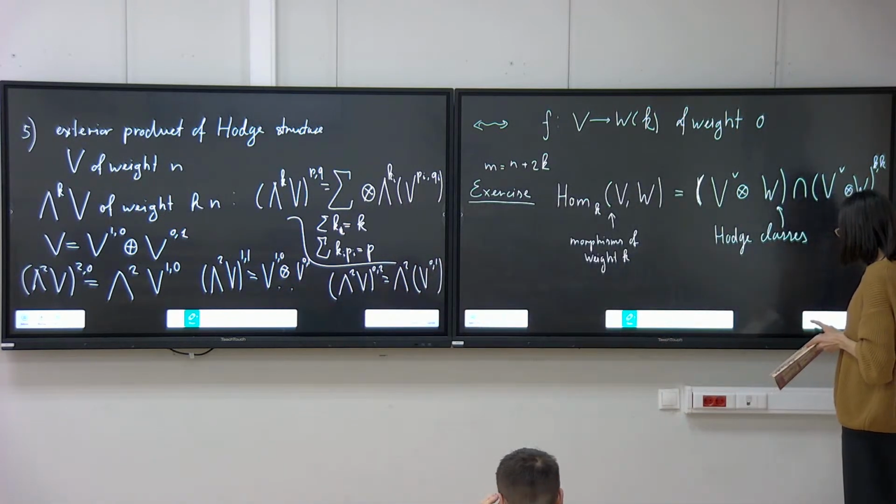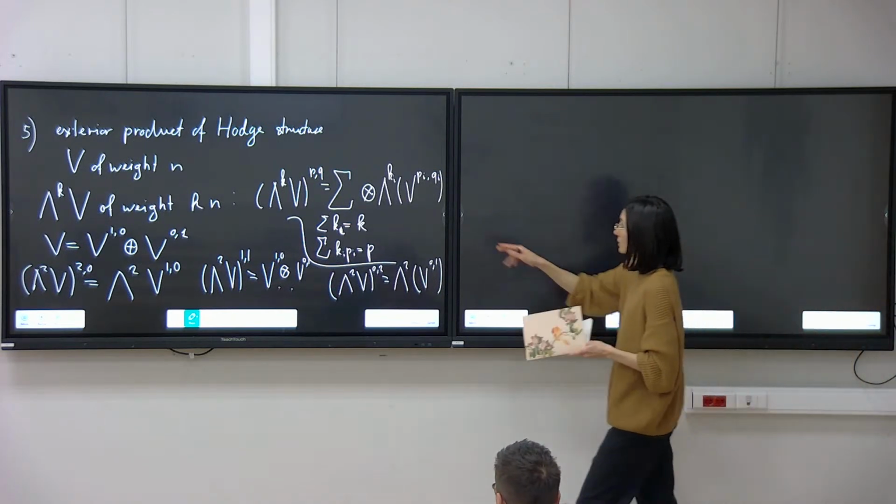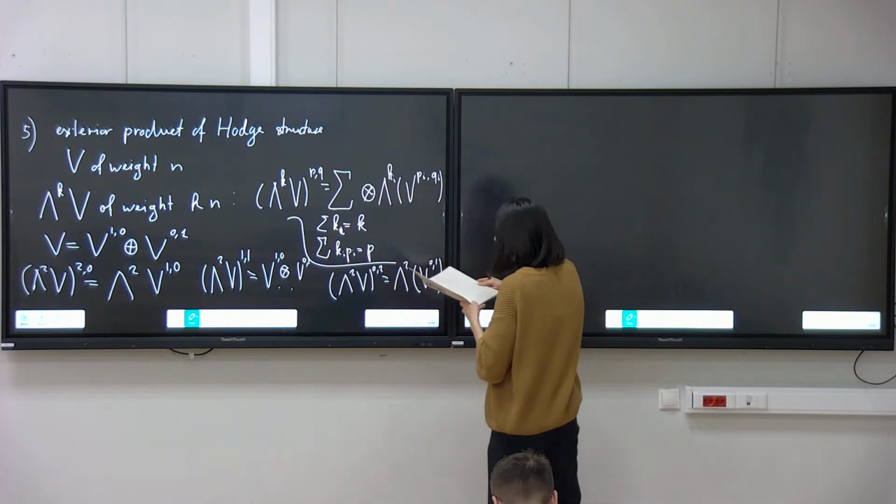And why is this notion of exterior product important?